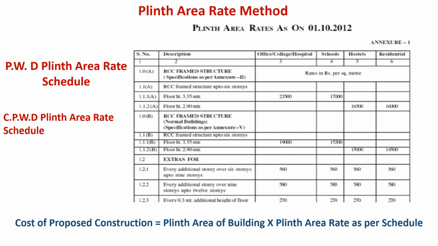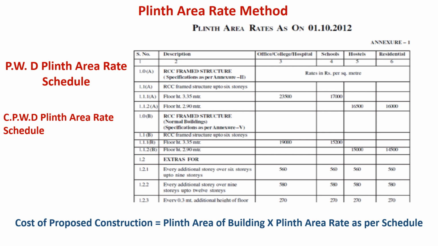Similarly, when the floor height is 2.90 meter, for hostels or residential buildings, the rates are 16,500 and 16,000 rupees. For a normal building up to floor height 3.35 meter, the rate of construction for an office building is 19,000 and for a school building it is 15,200.